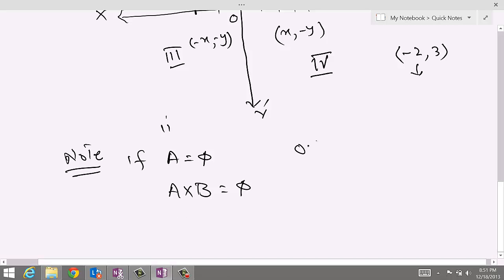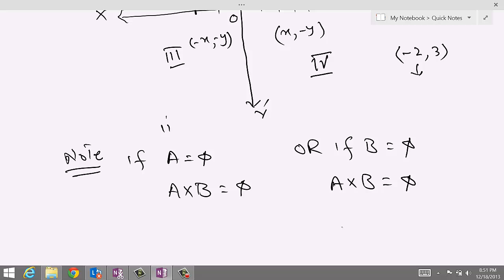Or if B is equal to null set, doesn't matter whatever A is, A cross B is always going to be null set. What it essentially means is that if one of the two sets is a null set, the Cartesian product of the sets is always a null set.